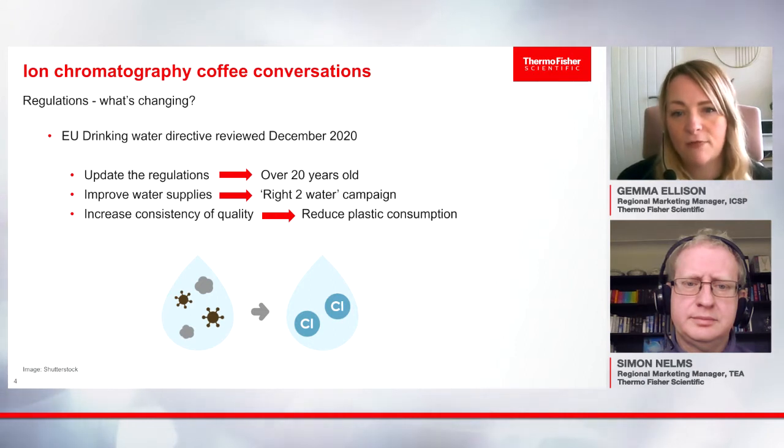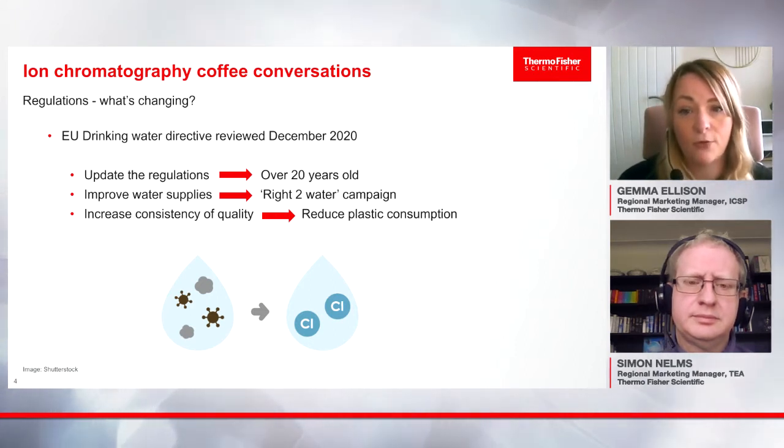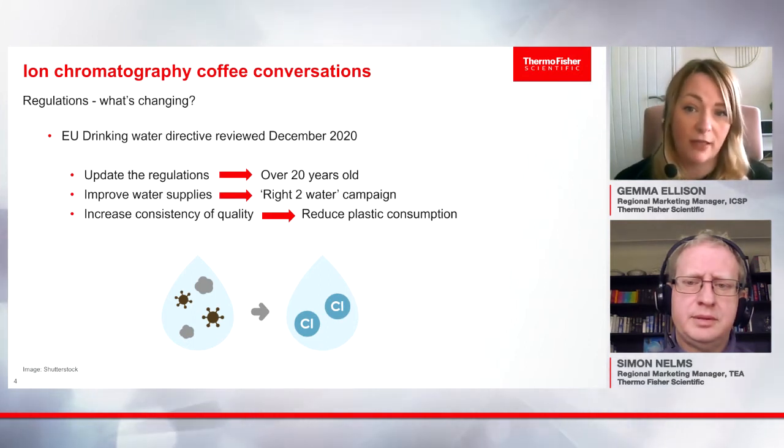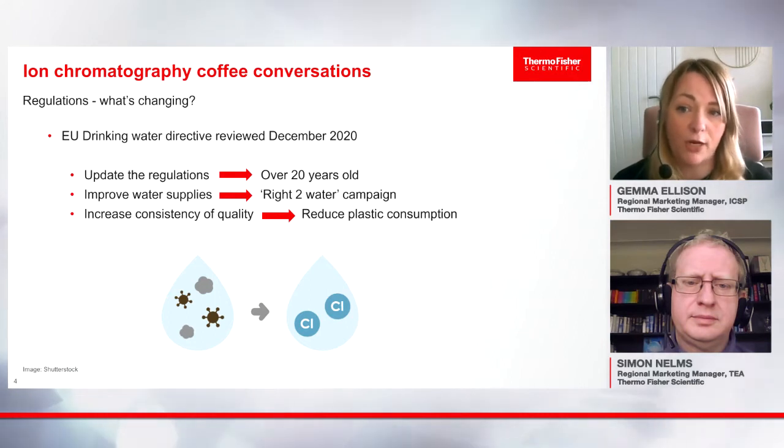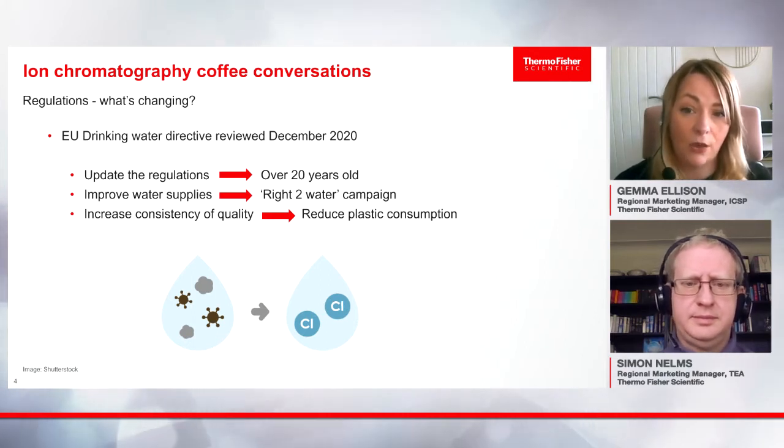The reasons for this review were that the current regulations were over 20 years old. So the review was to determine whether those regulations still stood today, on reflection of emerging pressures, and to ensure the future quality of water for people living in and visiting the EU.